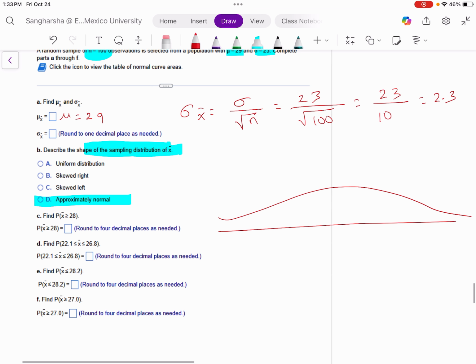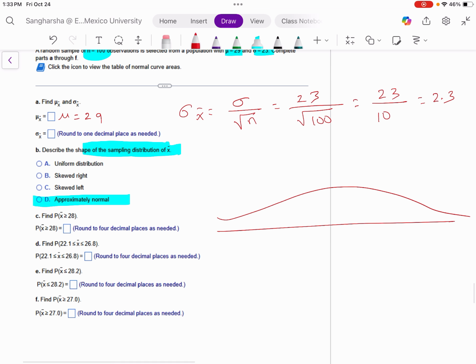Now for C, we are trying to find the probability that x bar is greater than or equal to 28. This x bar has a normal distribution, and because of that we draw this bell-shaped curve.